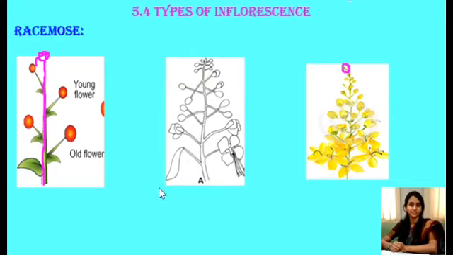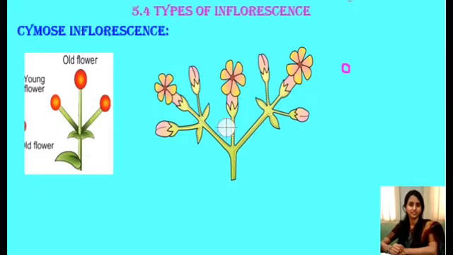Now the second type of inflorescence is the cymose inflorescence. What is a cymose inflorescence? Look at this. This is the inflorescence axis. This inflorescence axis terminates with a flower.